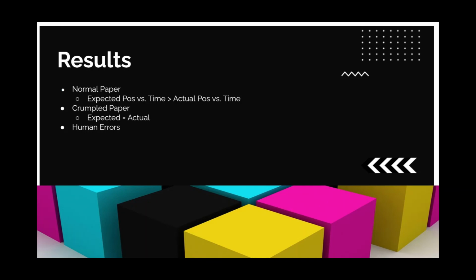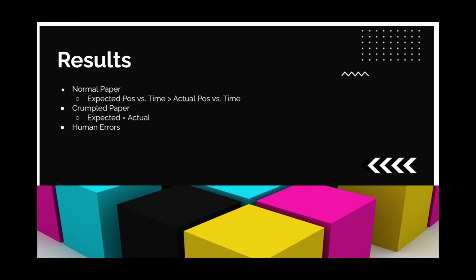Now, for the crumpled paper, the actual and expected velocities and accelerations were very similar. This is due to the fact that drag was accounted for in our GlowScript, as well as there's actual drag in real life. The only issue was that my human error happened and the ball was not actually dropped straight down.